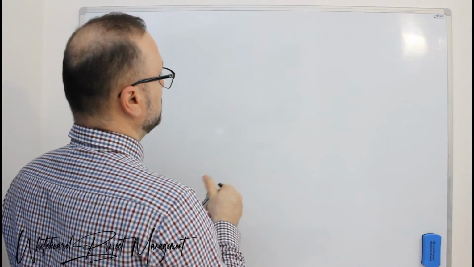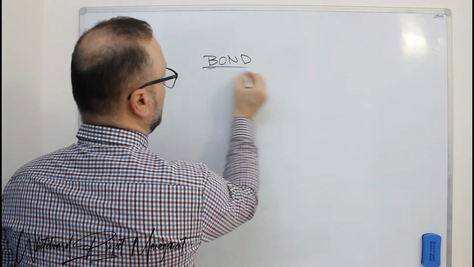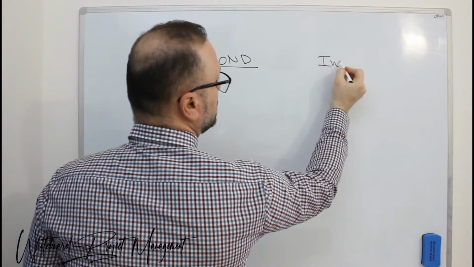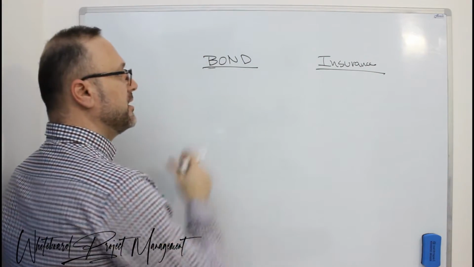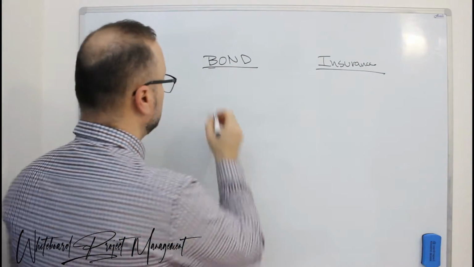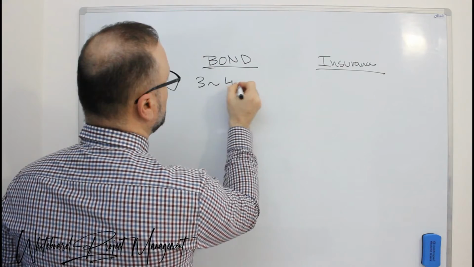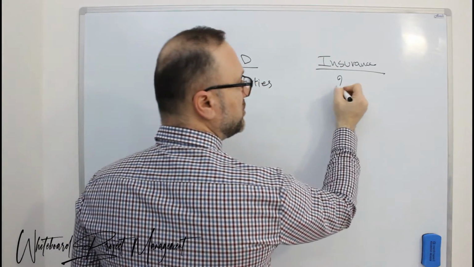When we talk about bond and we talk about insurance, the bond is made between 3 to 4 parties. The insurance is done between 2 parties.